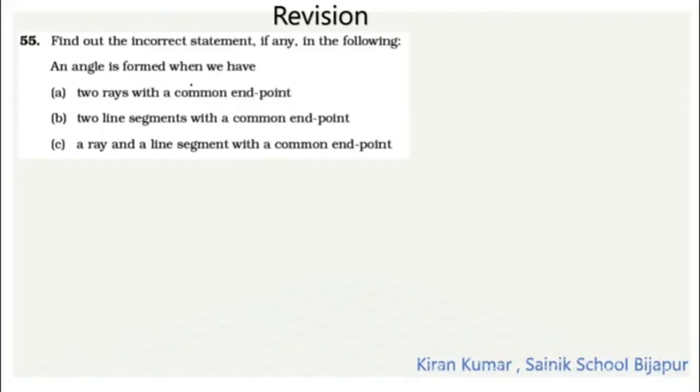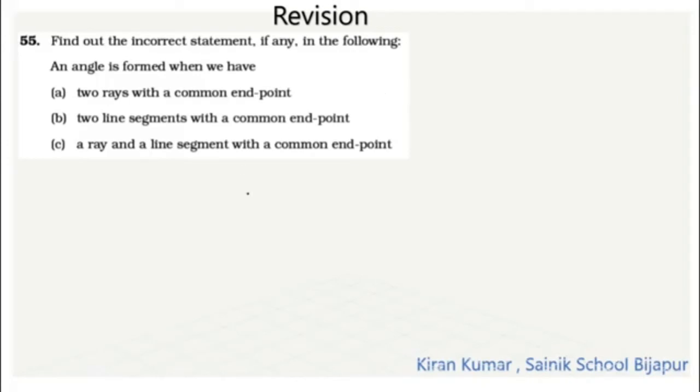An angle is formed when we have a ray and a line segment with a common endpoint. Can we have all the three statements to be correct? All the three statements are incorrect.